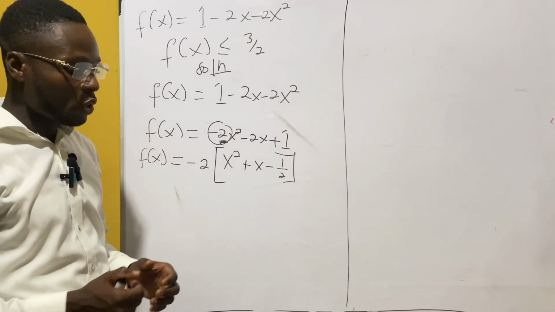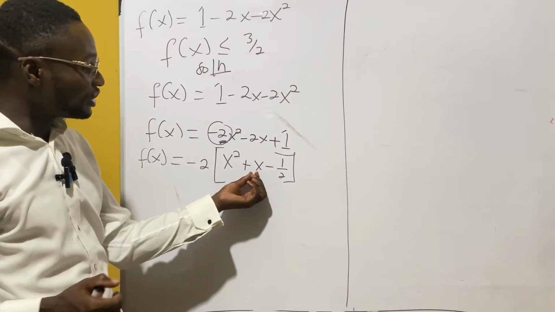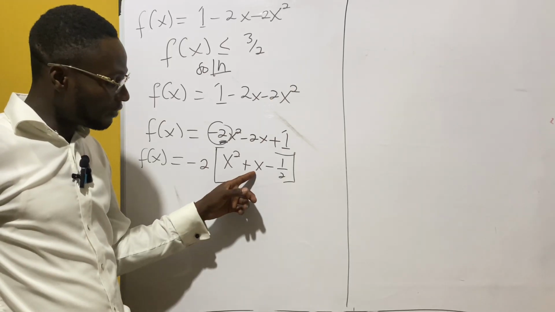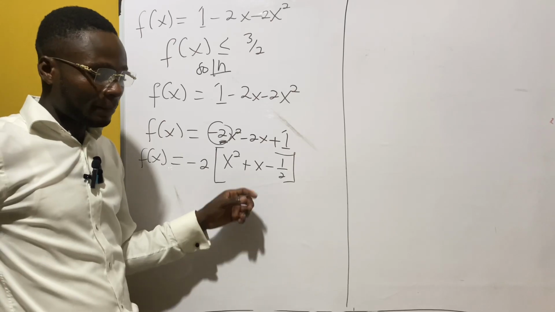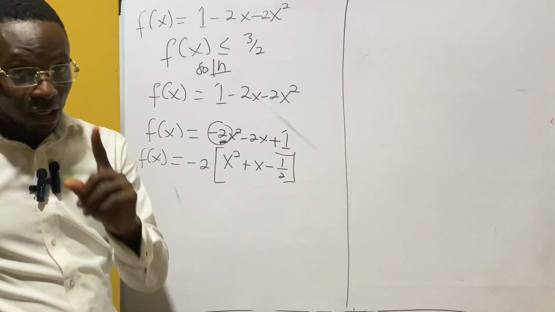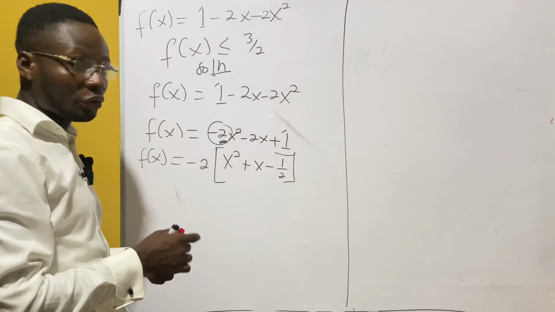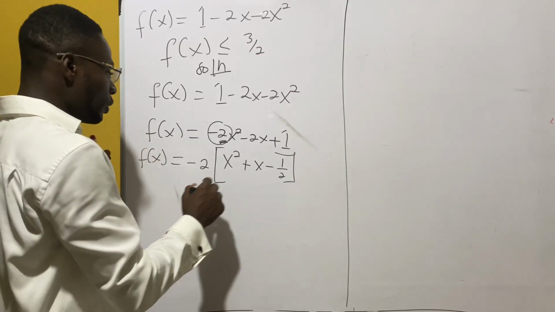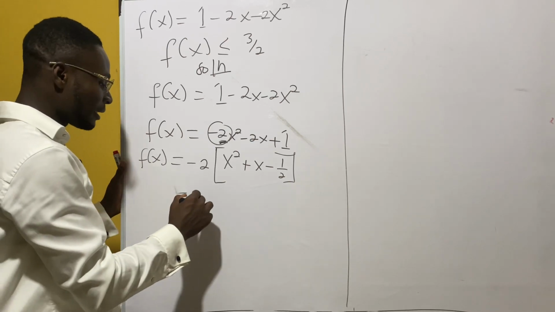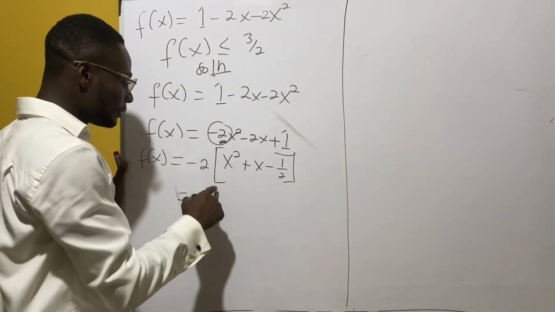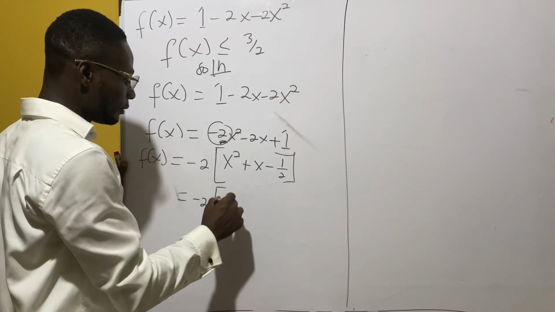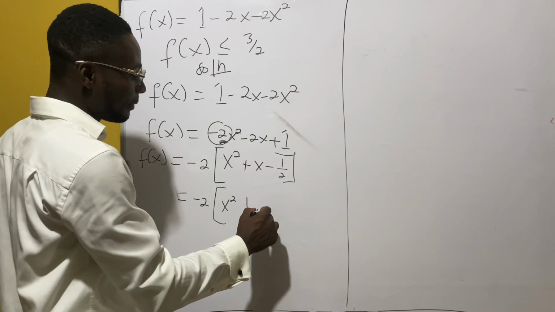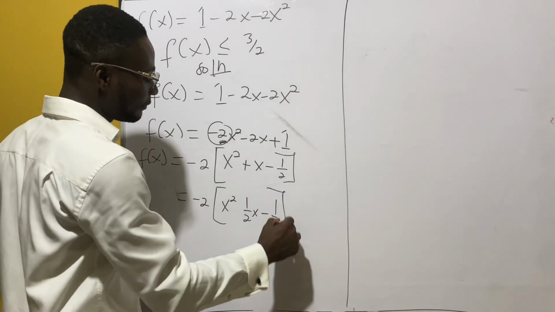We look for the coefficient of x, and the coefficient of x right here is 1. So we multiply it by half, and we are going to have half x right here.